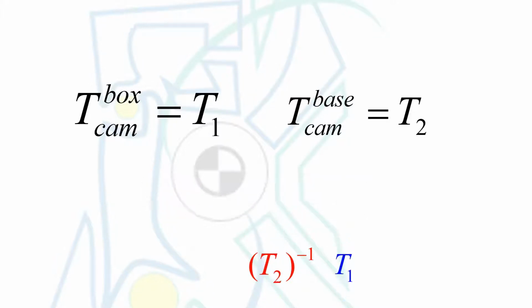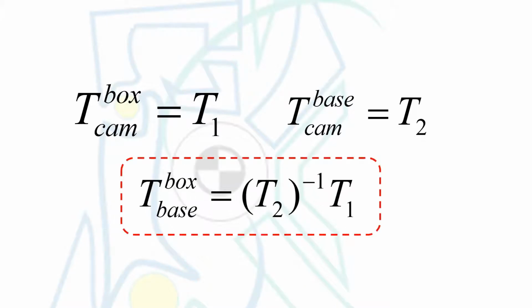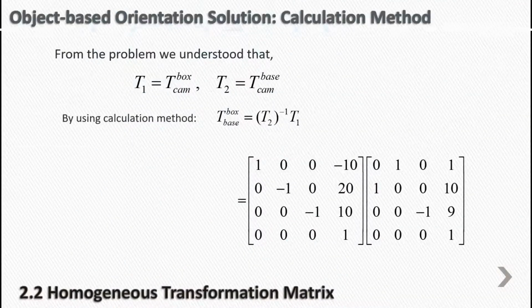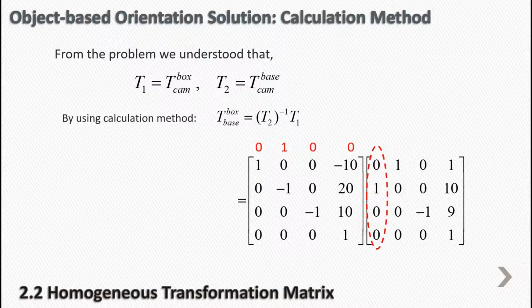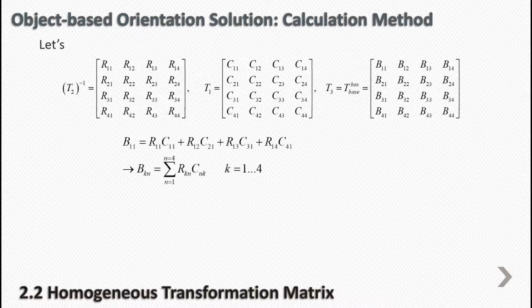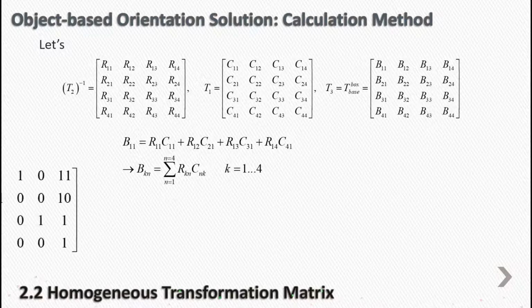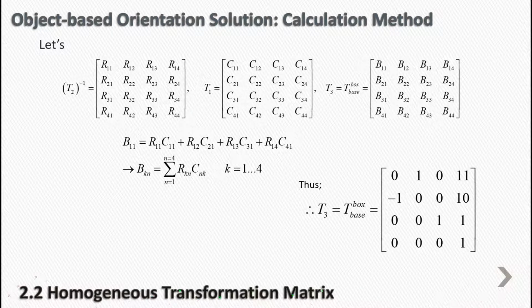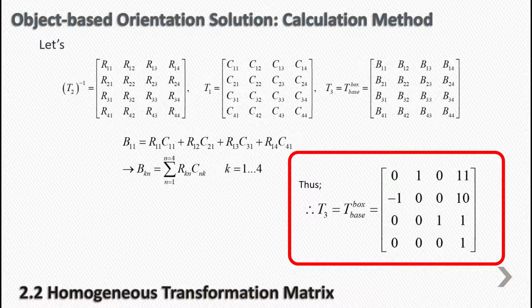Cam to box is already there with T1, but for base to cam we need to invert T2. By using the matrix method, we can get the full matrix for T3, which is the base to box matrix. So here we already get the orientation or HTM coordinates for the box based on the robot base coordinates.